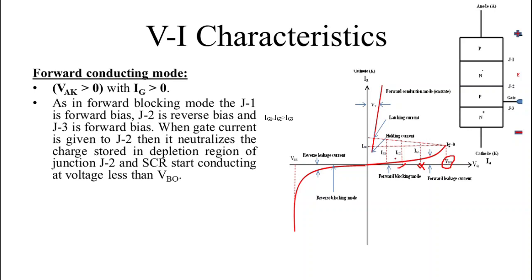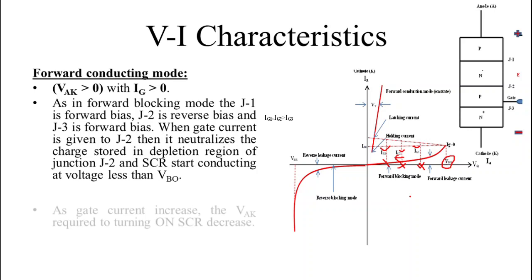So, when we move here, then this gate current increases. Here this Ig2 is greater than Ig3 and Ig1 is greater than Ig2. So when gate current increases, then voltage at which SCR gets turned on also decreases. That's why as gate current increases, then anode to cathode voltage required to turn on SCR decreases.